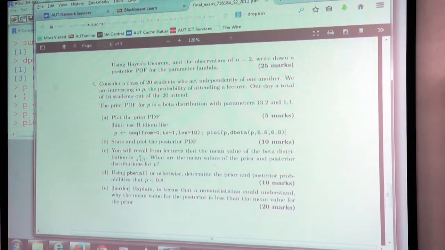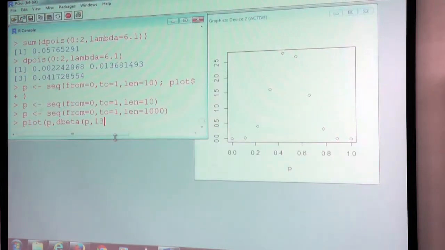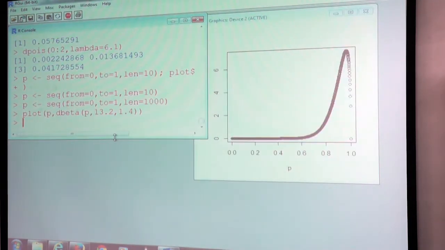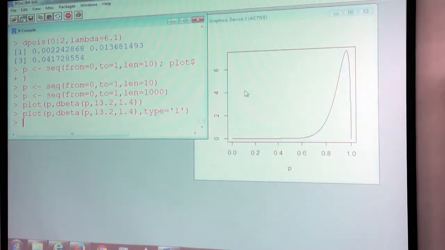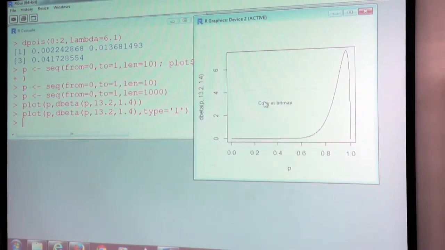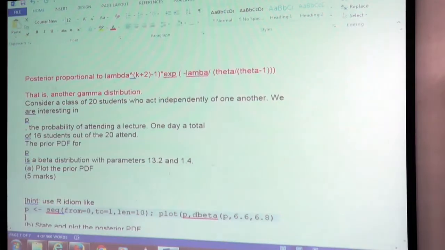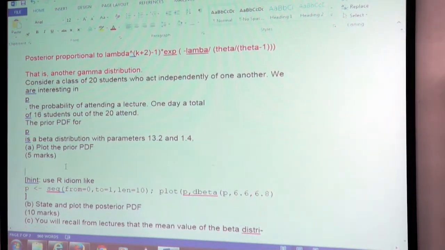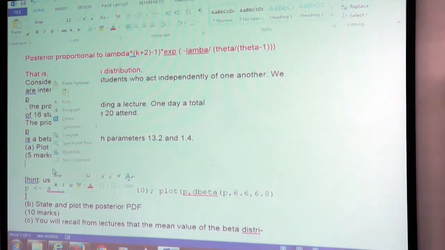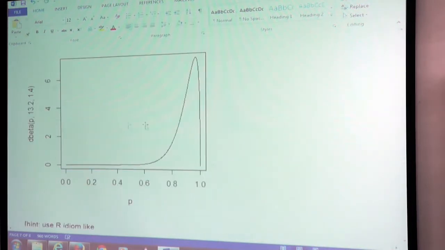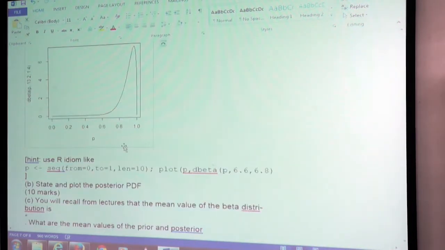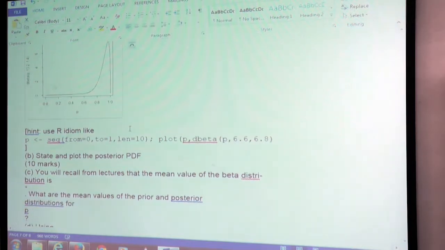There you go. Nice, isn't it? Could do even better than that. Comma, type equals L. Right click, copy as bitmap, I think works. Plot the prior PDF. Right click, paste. And that's a bit big, so we'll make it a bit smaller. Done, 5 marks.